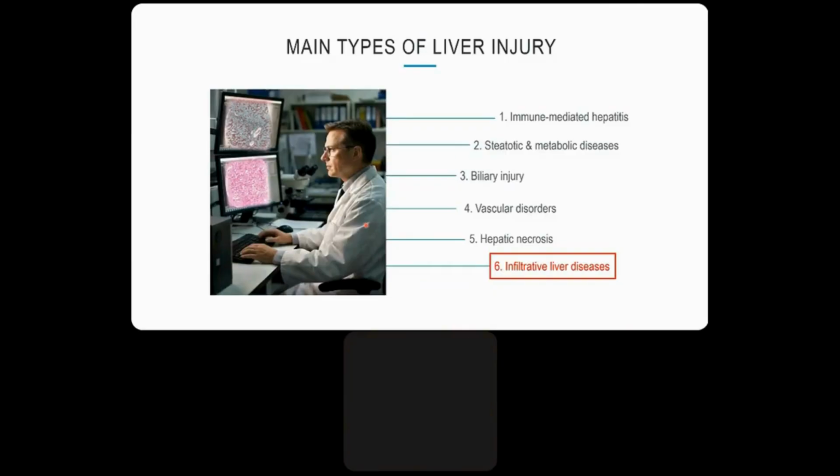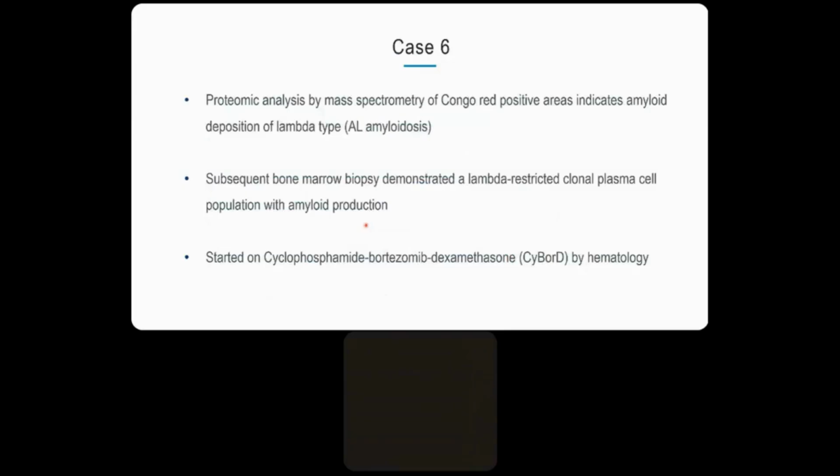As you might have guessed, we're now in the umbrella of infiltrative liver disease, where liver parenchyma is progressively replaced by abnormal constituents, which can be neoplastic or non-neoplastic, which often leads to the clinical finding of hepatomegaly or abnormal liver enzymes, commonly in a cholestatic pattern.